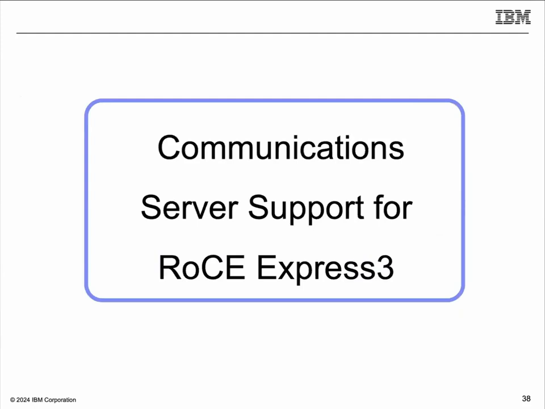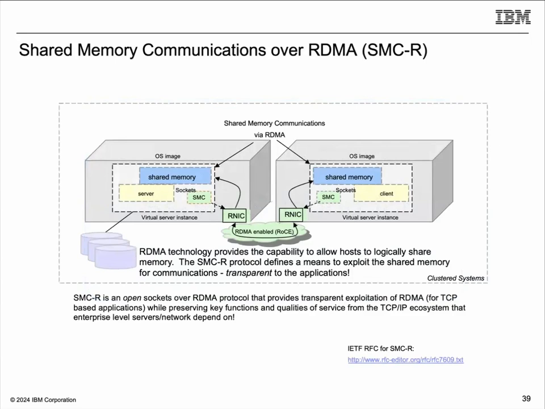The final thing I wanted to talk about was some additional support we've done for RoCE Express 3. Hopefully, most of you are aware of our SMC-R technology. Essentially, there's something called RDMA, or Remote Direct Memory Access. This is the technology that allows you to configure network interfaces to read directly from memory.